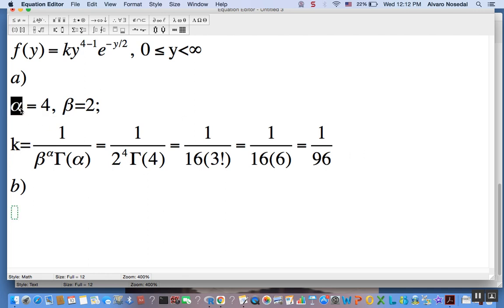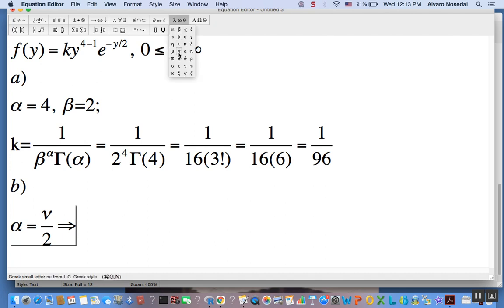Alpha in general is going to be nu, the degrees of freedom, divided by 2, which means that if we solve for nu, what we end up with is nu equals 2 times alpha.